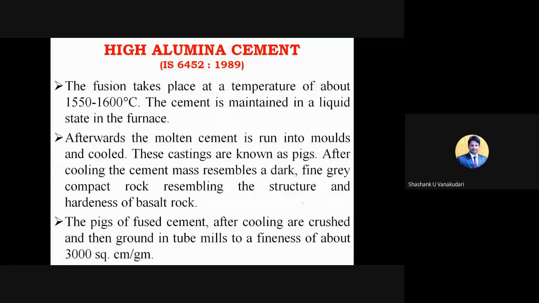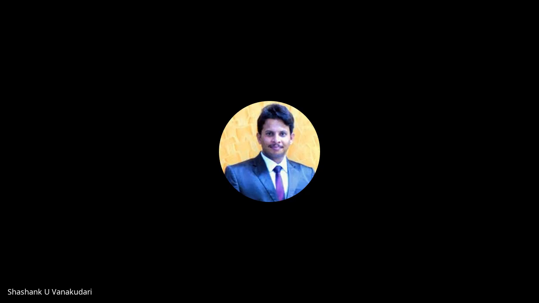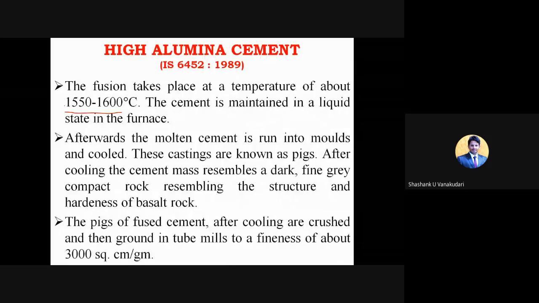Now the fusion takes place at a temperature of about 1550 to 1600 degrees Celsius. Here the limestone and alumina mixture is maintained in a liquid state in the furnace.